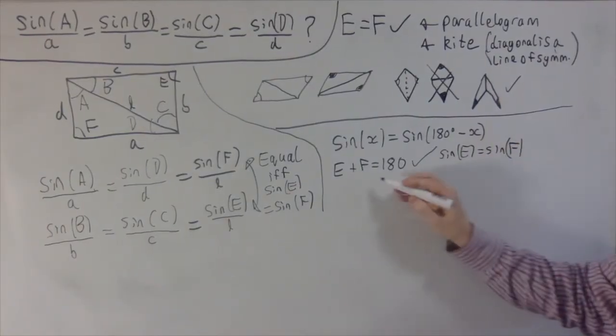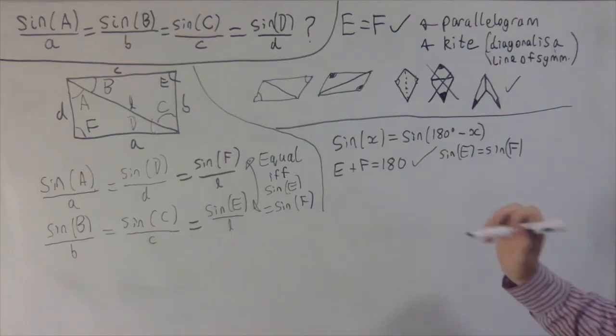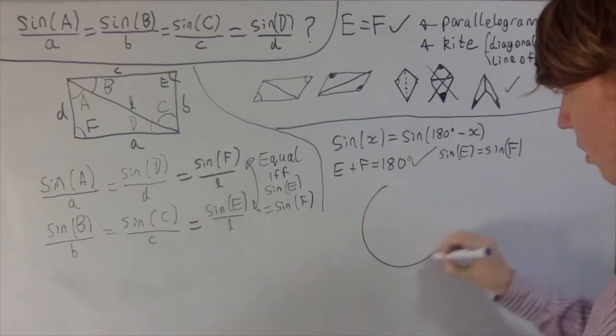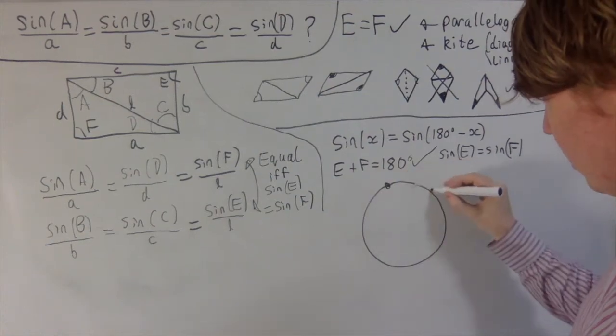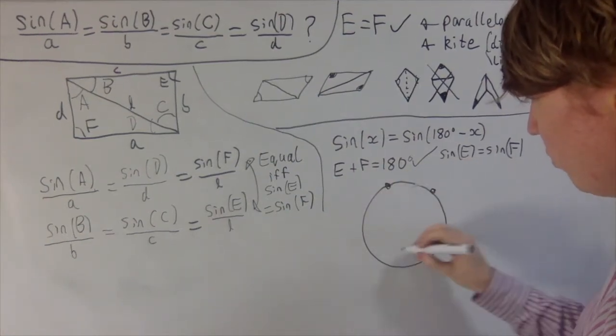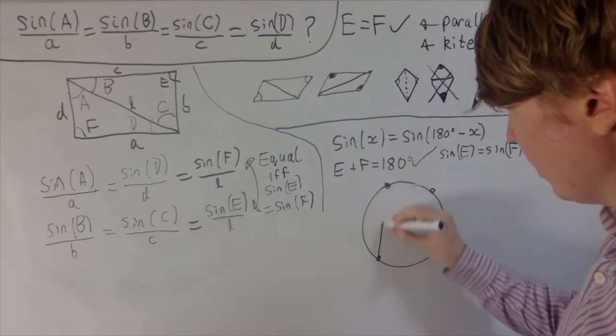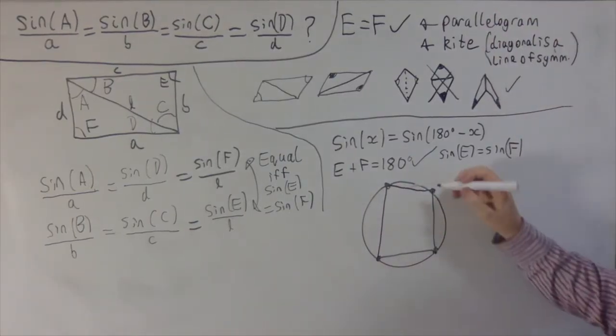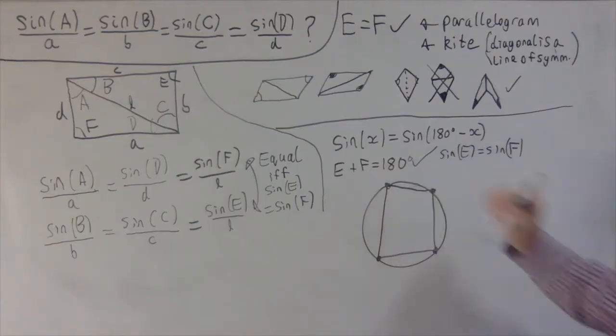Now, what sort of quadrilateral have you got if the opposite angles sum to 180 degrees? Well, this means you've actually got a cyclic quadrilateral, or one where all four of the vertices lie on a circle. So this holds that E plus F equals 180.